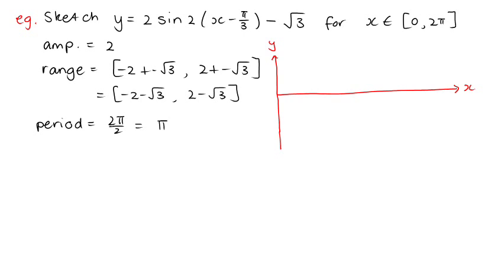What's that roughly? 0.27. So we'll go here. And then negative 2 minus root 3, negative 3.73. So we'll say that's down here.